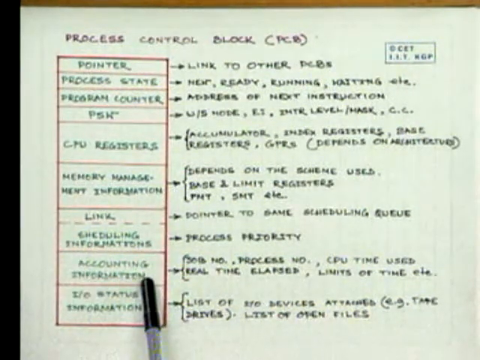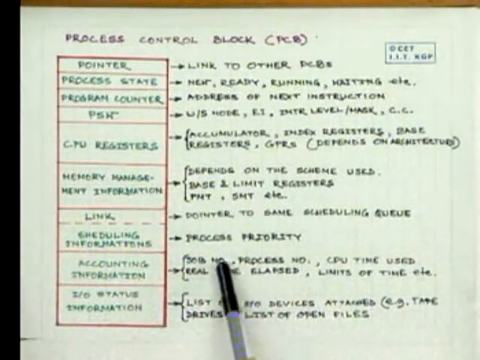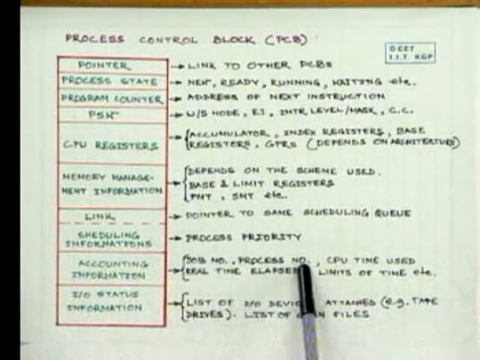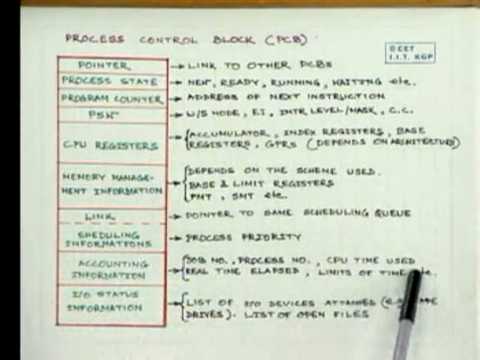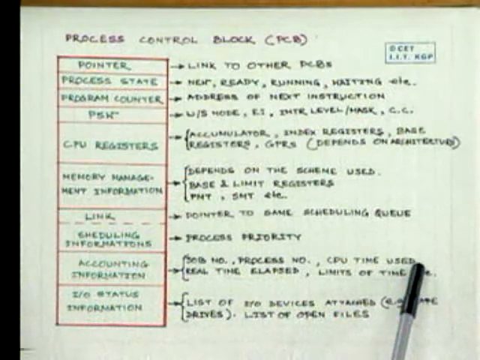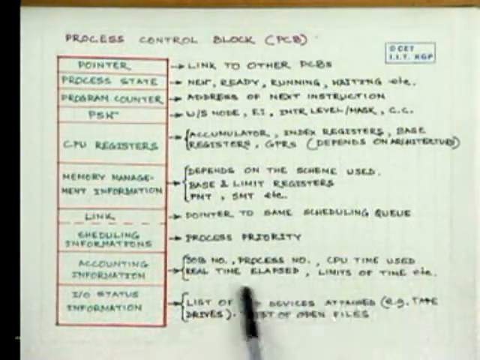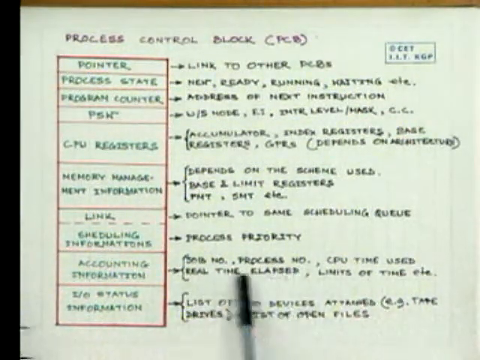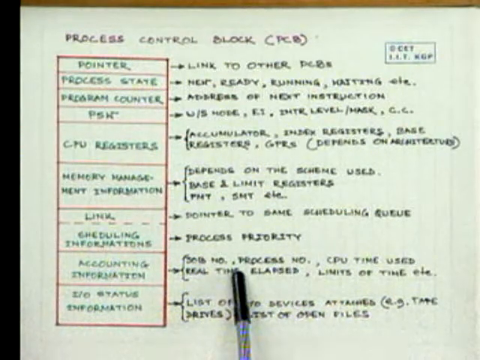Accounting information is also kept. For example, what its job number is, what the process number is, and the CPU time used until now. The real time elapsed, that means the time that has elapsed since the job was submitted.